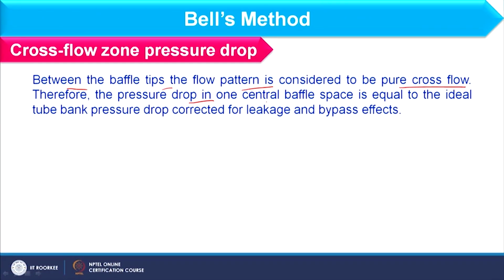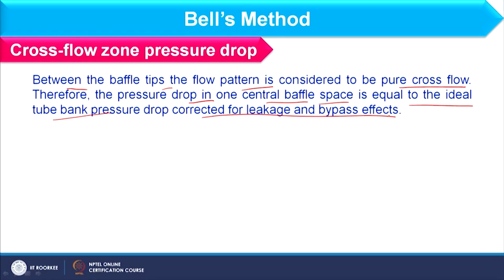So, when I am considering baffle tips, the pattern is pure cross flow, and therefore the pressure drop in one central baffle space is equal to the ideal tube bank pressure drop corrected by leakage and bypass effects.